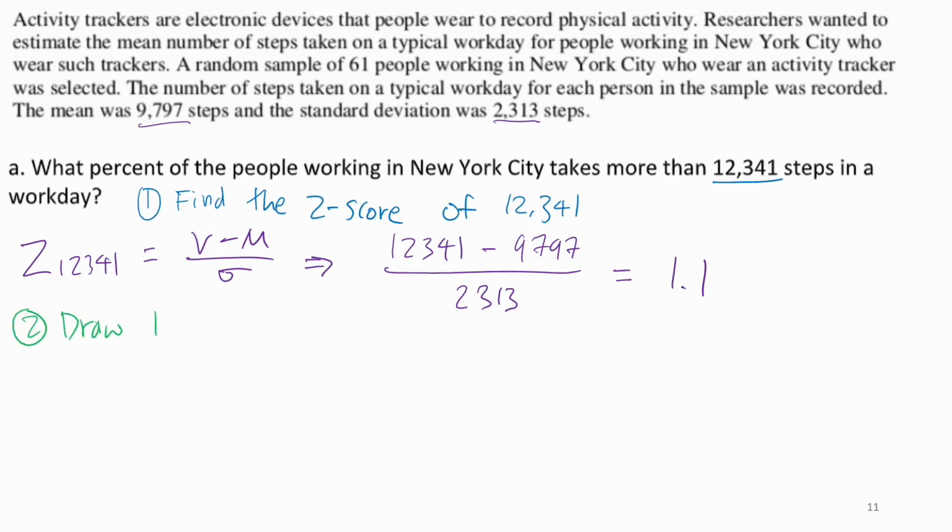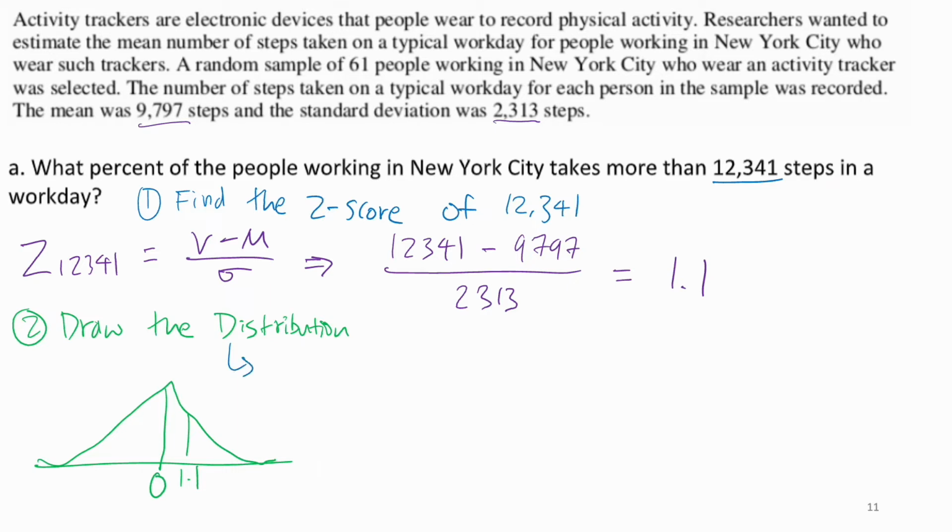The next step is to draw the distribution. Remember that it's fairly normal, so we have 0 and we have 1.1. Now, to make sure we get most of the data, we will write 100.